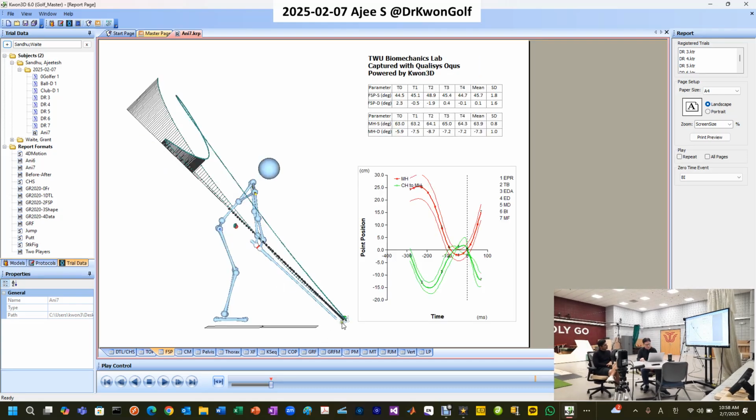So this straight line is the swing plane. The swing plane is calculated from the clubhead motion. As you can see, during the backswing, your clubhead stays above the swing plane here.